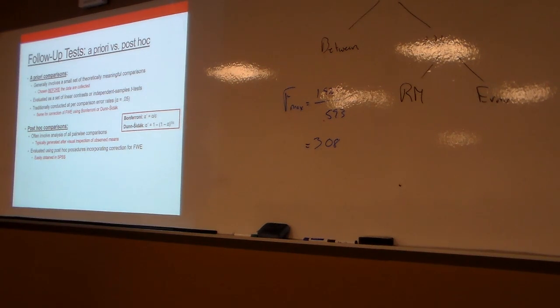Our post hoc comparisons, generally what this is going to involve is an analysis of all pairwise, or all interpretable pairwise comparisons. And typically these are ideas that we develop after we've taken a look at the means, right? Conveniently, after we've looked at the means, I've decided that these two are really the ones that are super important to take a look at.